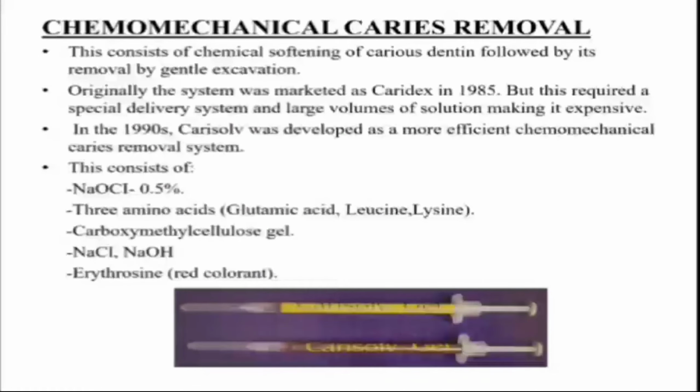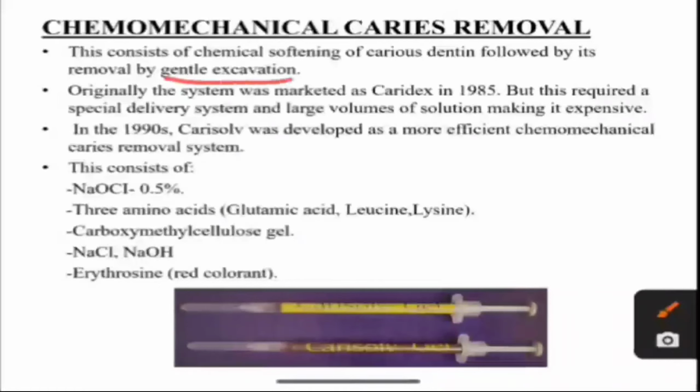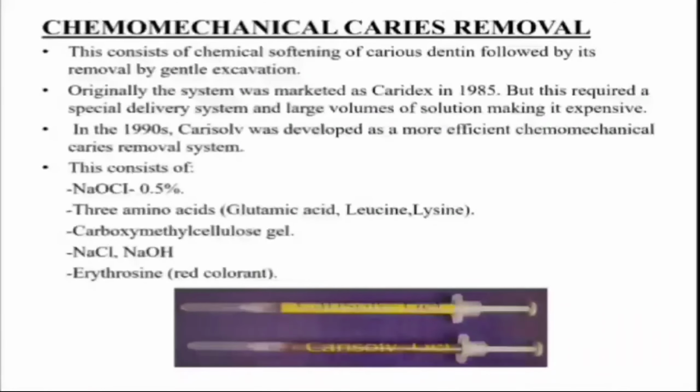Next one is chemomechanical caries removal. It consists of chemical softening of carious dentine that is followed by its removal by gentle excavation. It mainly consists of 3 amino acid, sodium chloride, sodium hydroxide, and here you can see the chemomechanical caries removal.